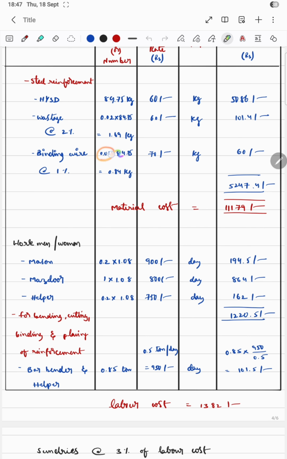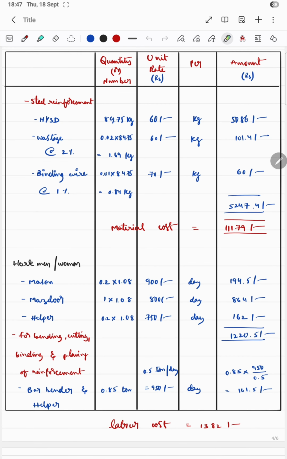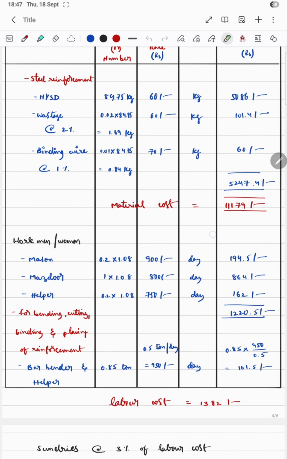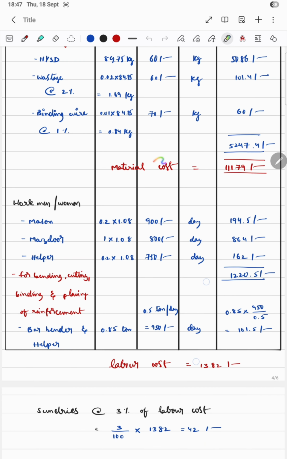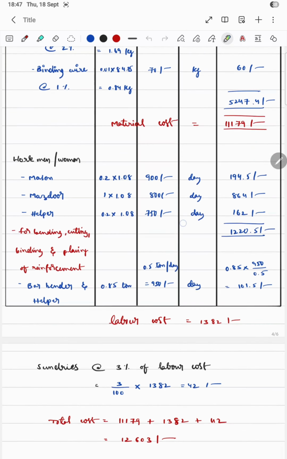This 0.01 is used because 1% means 1 by 100, which is 0.01. The unit rate has changed, so you need to consider that binding wires are costlier than steel per kg. We multiply and get the total steel value, 5247.4 rupees.